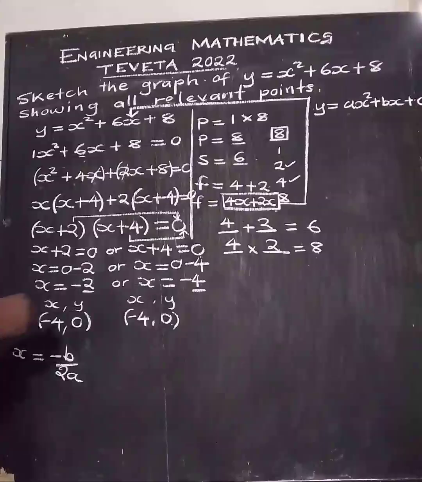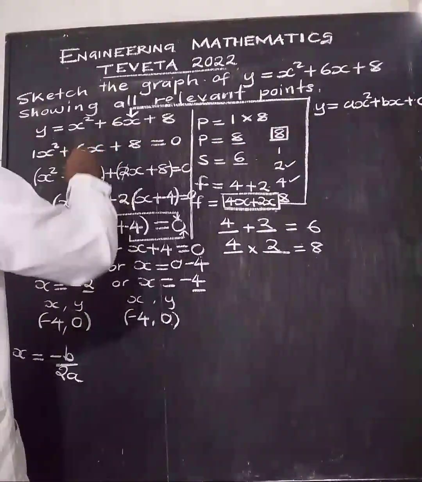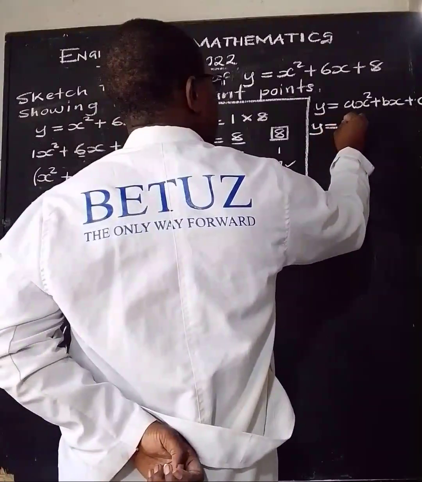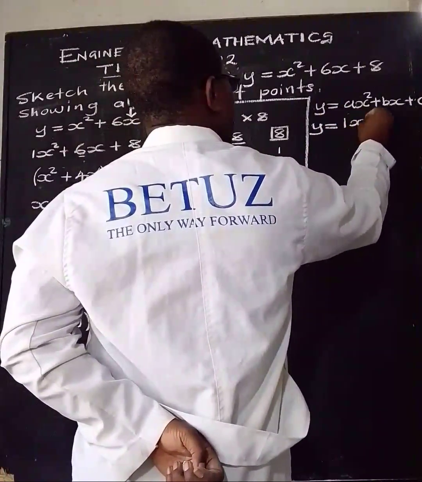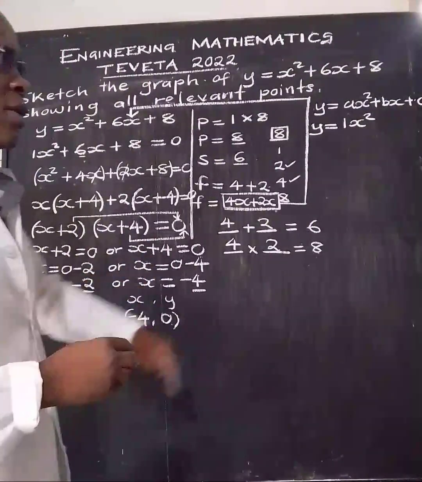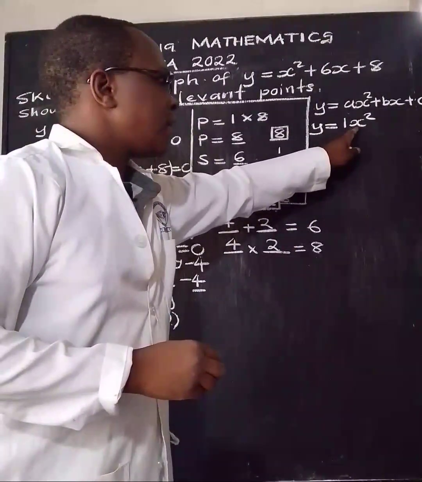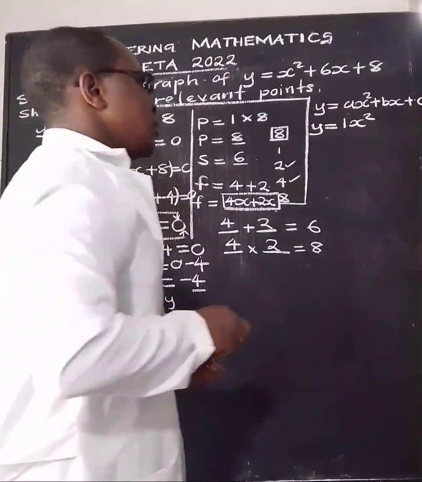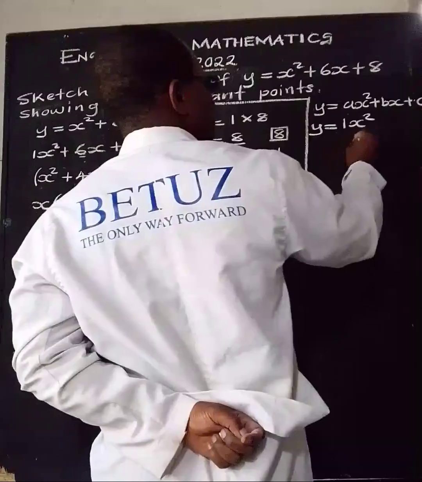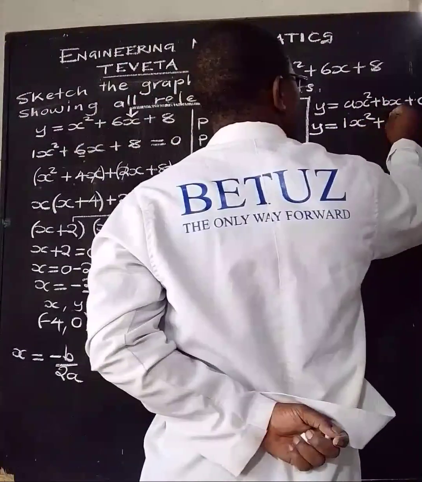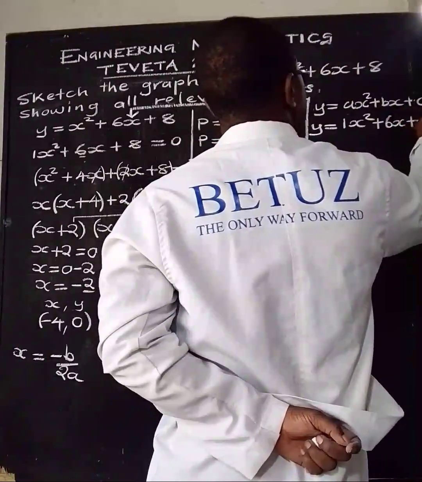So we can compare this one and this one. Our equation is y is equal to 1 x squared, because the number in front of x squared is an invisible 1. So plus 6x plus 8.